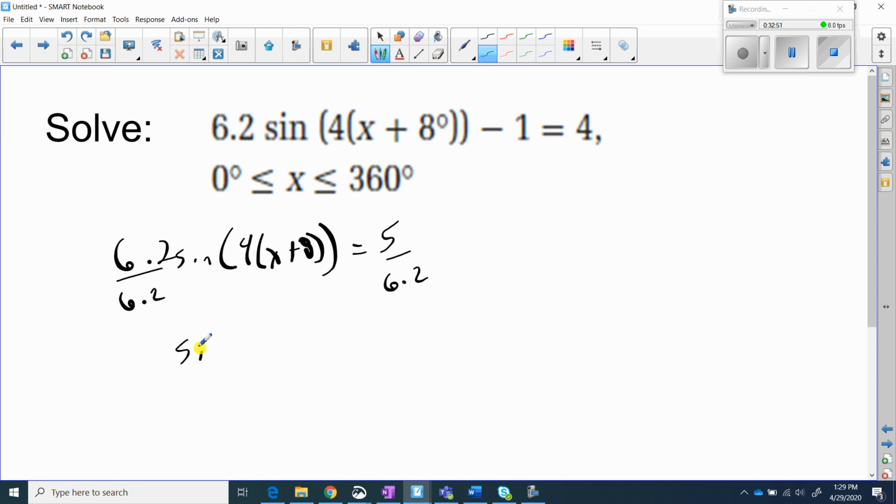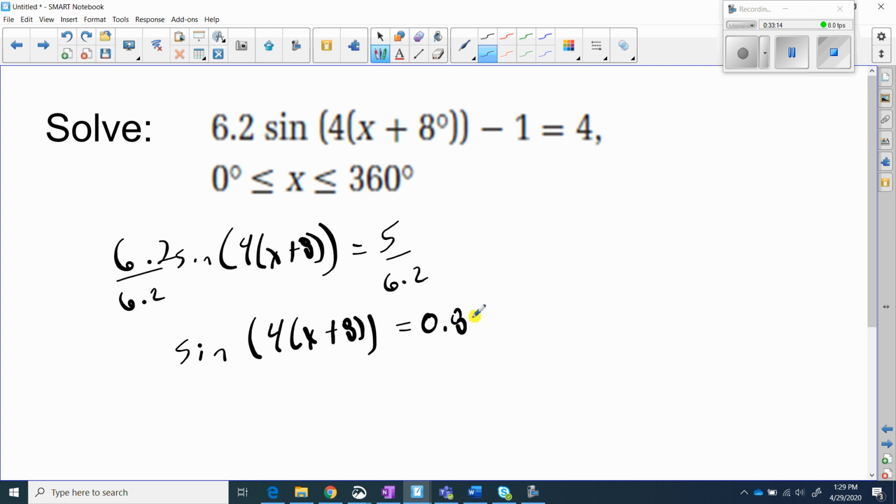And that's going to leave me with sine of 4 times x plus 8 equals 5 divided by 6.2, and I get 0.8065. This is what I mean by carrying 4 decimal places, because to get rid of that trig function, I'm going to take the inverse trig of this.